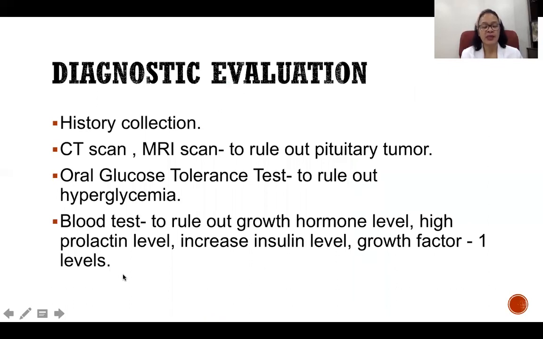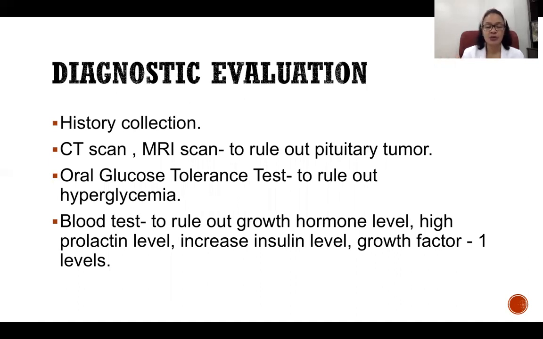So how do we diagnose patients with hyperpituitarism? Definitely you can ask for a history, and the development of those clinical features as time goes by. If you want to rule out presence of a pituitary tumor, you can do either a CT scan or an MRI.